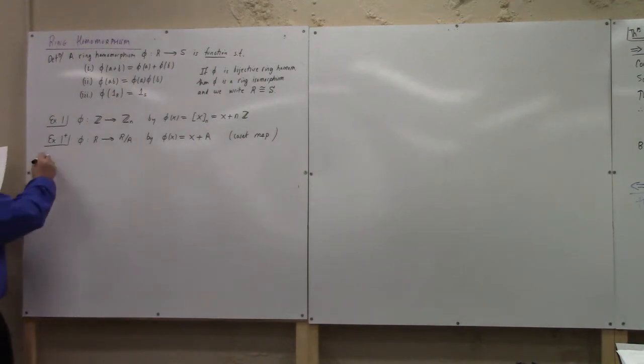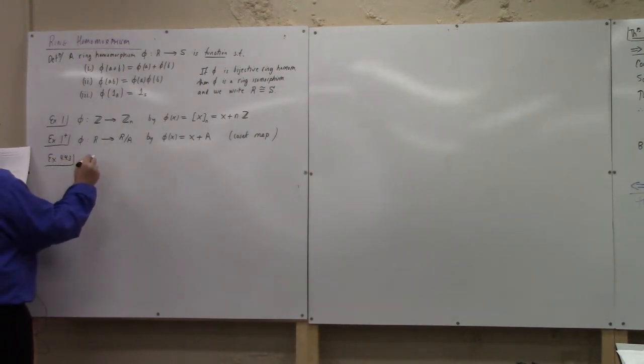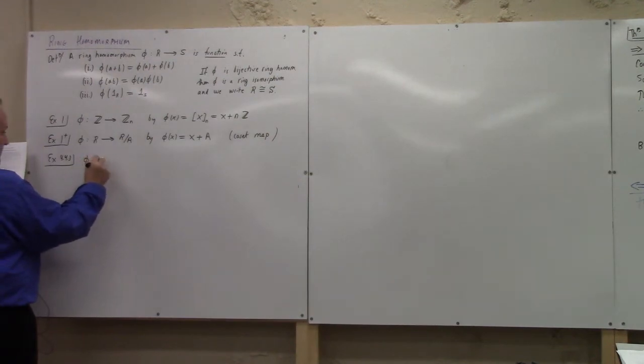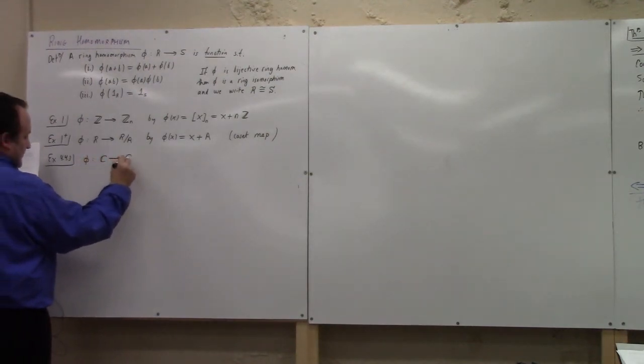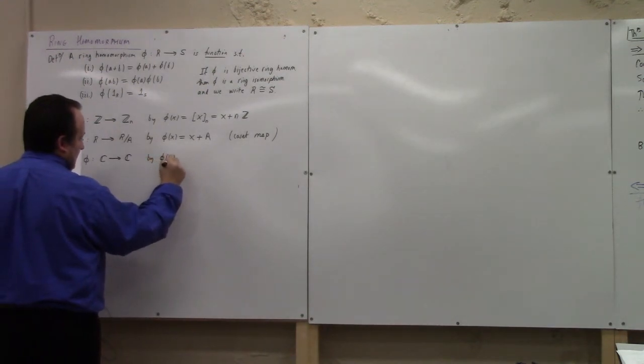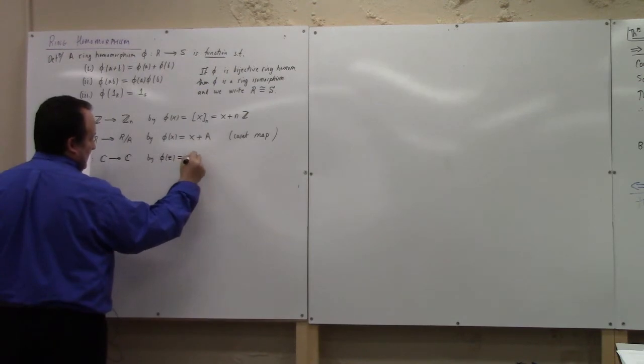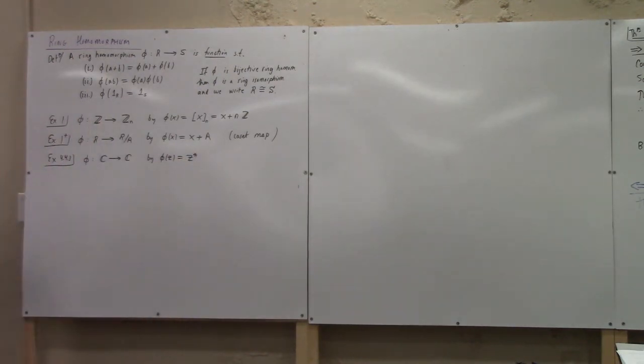Example 2, which is actually my example 4.4.3, on page 137. Here it is. Phi, a mapping from the complex numbers to the complex numbers, by phi of z equals, I'm using a star in the notes, but a lot of times I use bars in math classes, the complex conjugate.